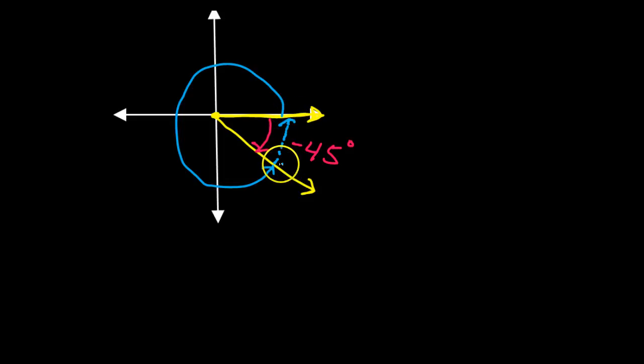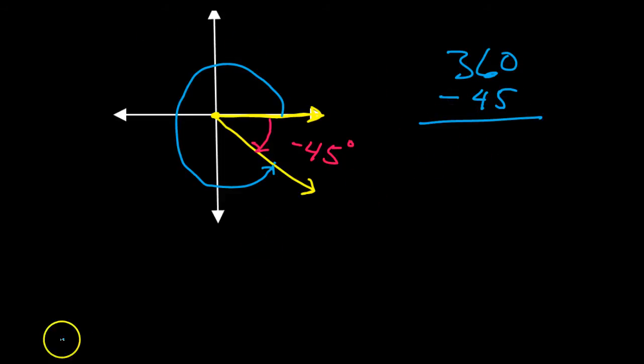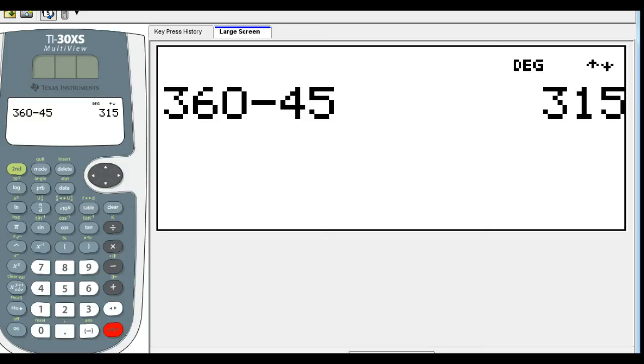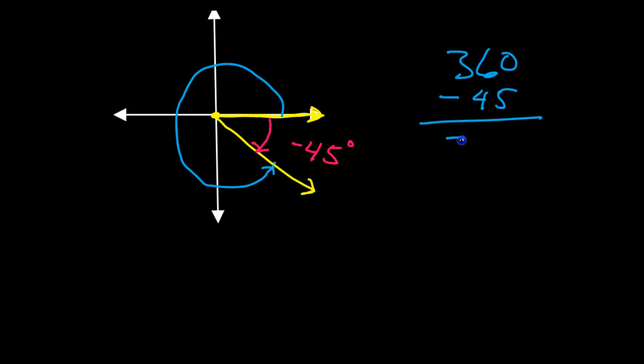How many degrees would that be? That would be a full trip all the way around, so 360 degrees. But I didn't quite go all the way, did I? I stopped short, so I'm taking away that last 45 degrees. So you can think of it as 360 minus the 45 degrees. That's going to be 315 degrees.